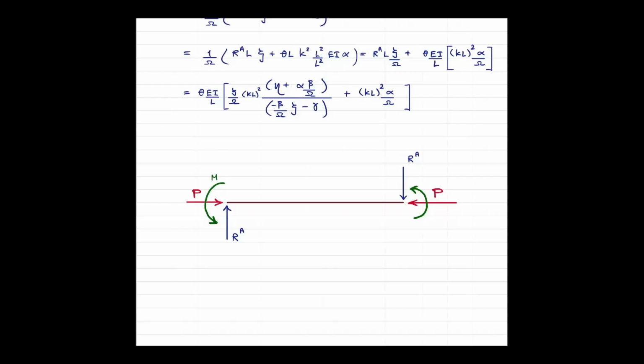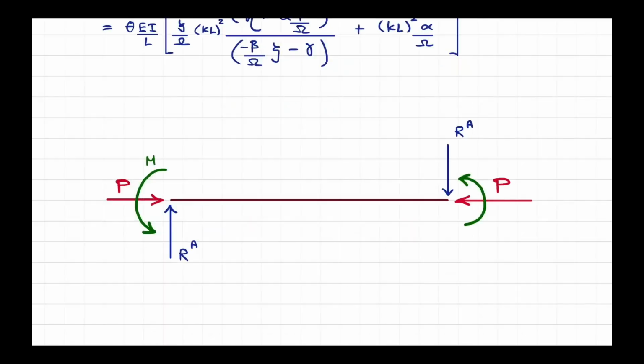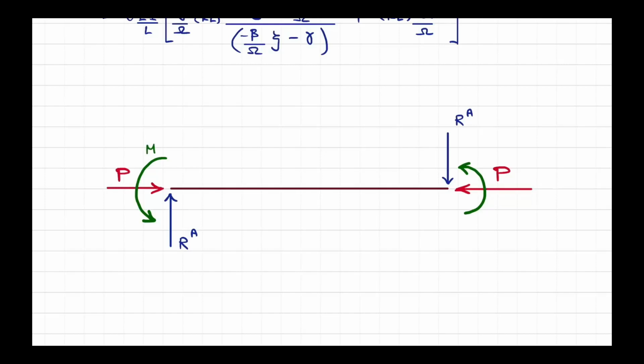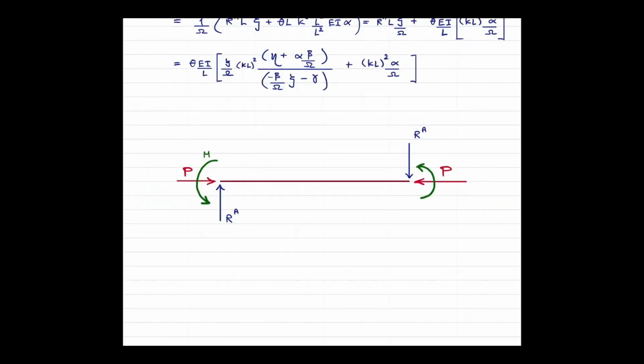For the moment, if we set up the direction of the moment like this, and call this one MB, the right end being B, we have MB plus M minus RAL equal to 0.